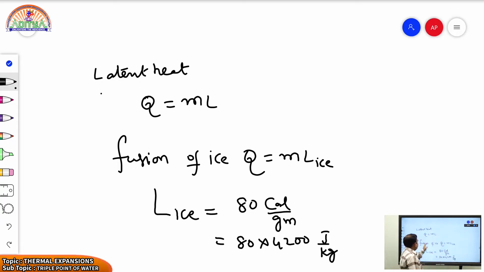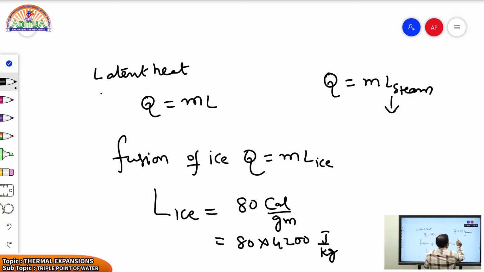And then I said the second part of it is Q is equal to mL steam. This is called latent heat of vaporization. And I gave it as L steam, or in the textbooks it is represented with LV.